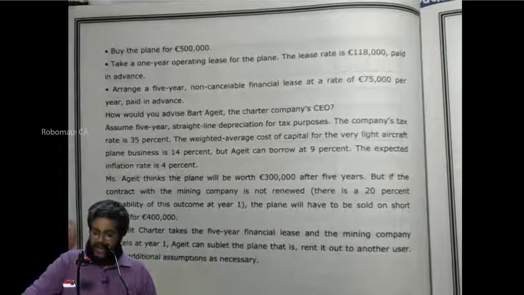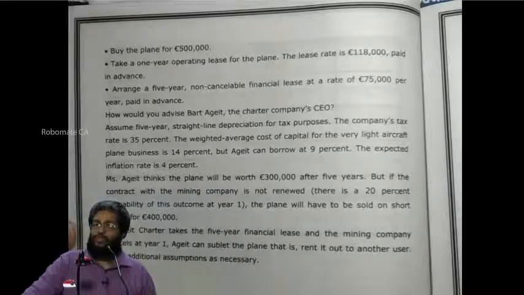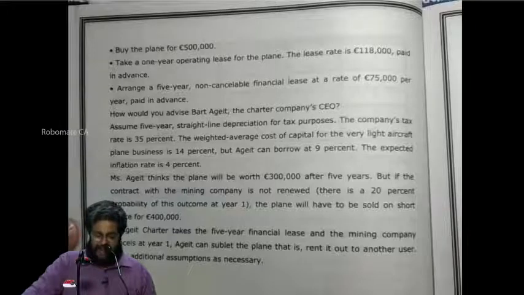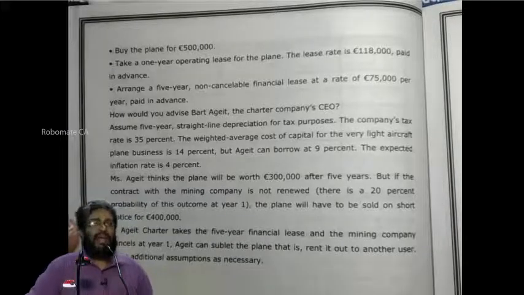Agent thinks the plane will be worth 3 lakh euros after 5 years, but if the contract with the mining company is not renewed, there's a 20% probability of this outcome in year 1. The plane will have to be sold on a short notice for euro 4 lakhs. If Agent Charter takes the 5-year financial lease and the mining company cancels at year 1, Agent can sublet the plane, that is, rent it out to another user. Make additional assumptions as necessary.